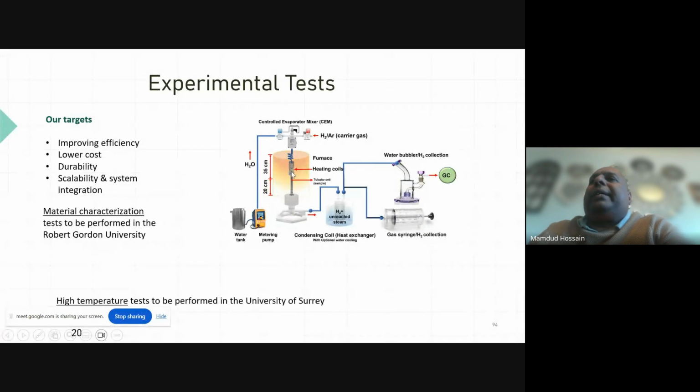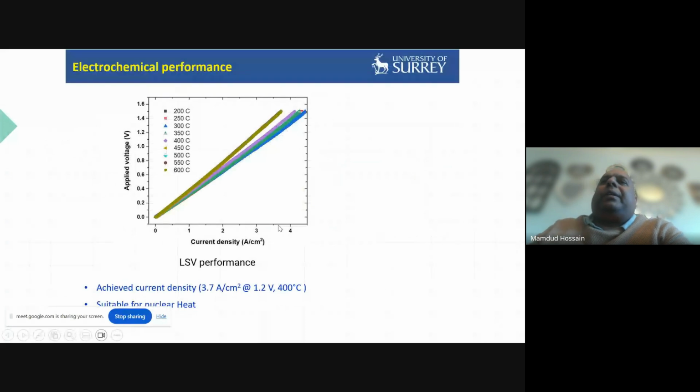Once we heat up to the desired temperature, steam and hydrogen are produced through the tube. It comes down here into a cooler coil heat exchanger, which is a condensing coil. We condense the water out, and we take the hydrogen into a syringe, store it here, and do some experiments to see the purity of the hydrogen. So this is our experimental setup, and this is our output.